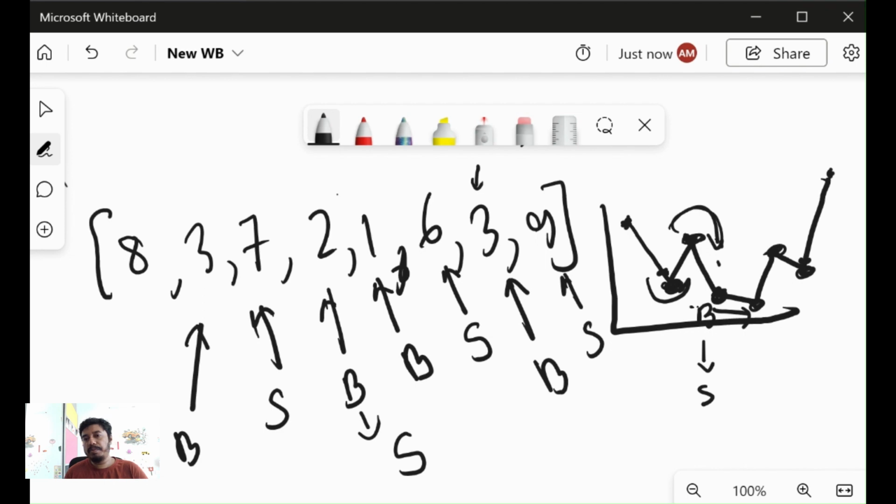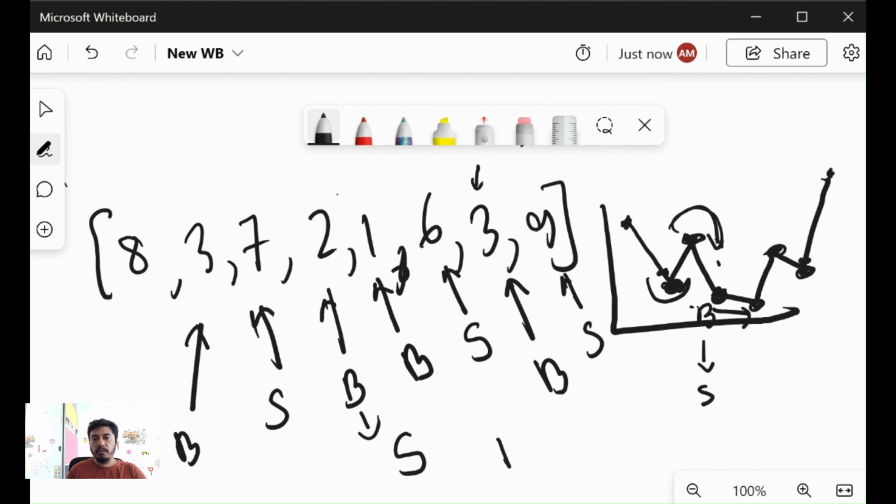According to the problem statement, you are allowed to sell the stock on the same day as you are buying. So you should sell the stock on the day you are buying if the stock price is decreasing again on the next day. So this is one approach, one hypothesis that I'm proposing that should work for solving this problem.